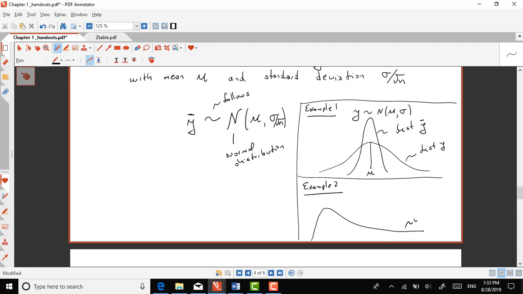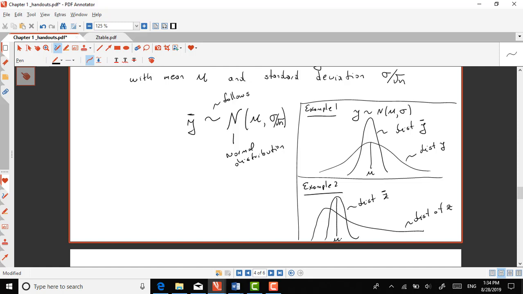Let's say that this is the distribution, and I'm going to give it a different name, Z. If we were to draw the distribution of the mean of Z, the mean would be the mean of both distributions, and the standard deviation is going to be, once again, sigma divided by the square root of n.